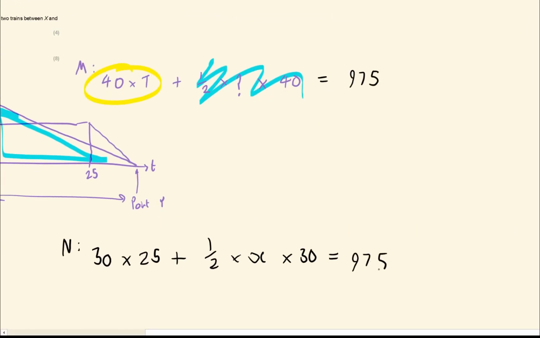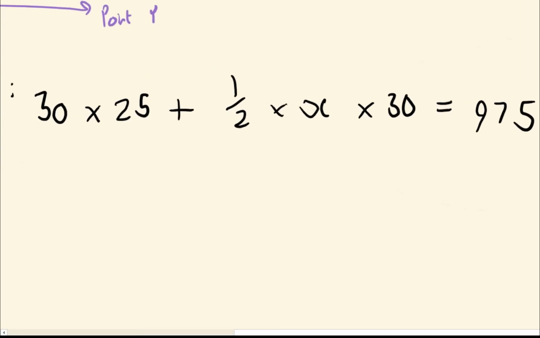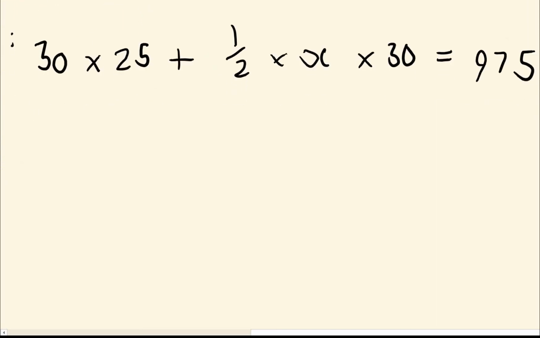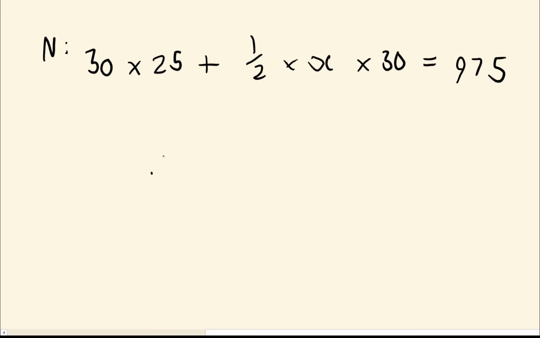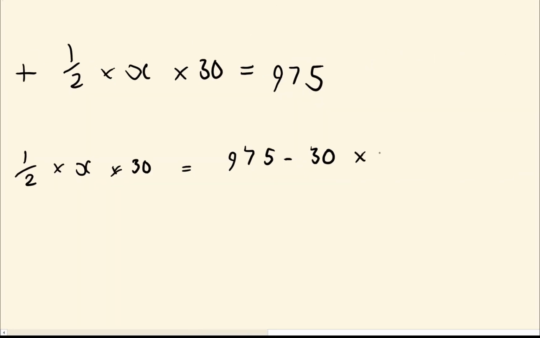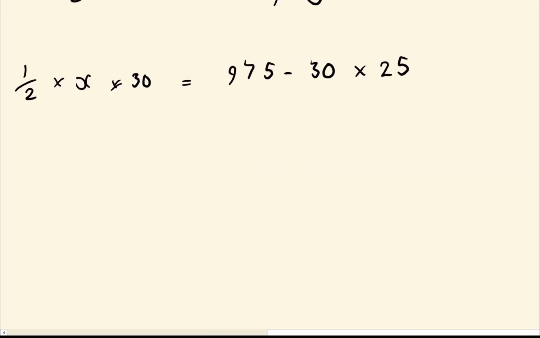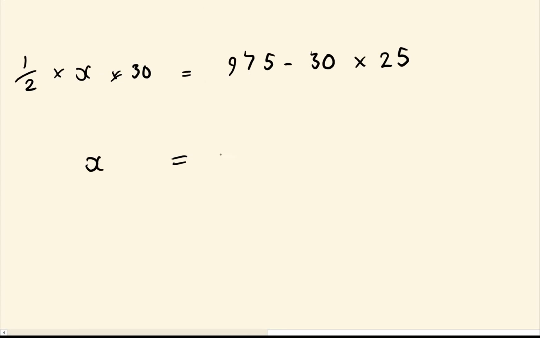Hoping to see here that for train N, we have an equation we can solve. What we're going to do is work out what x is. So first step, I'm going to take away this term here. So a half times x times 30 is going to be 975 minus 30 times 25. Again, I don't need to work this out. And then to work out x, we just divide by the other stuff.